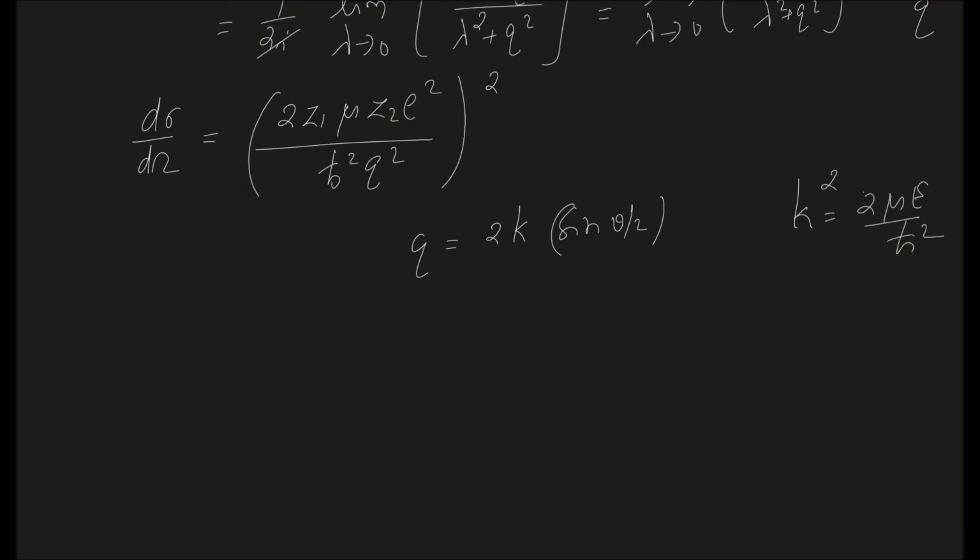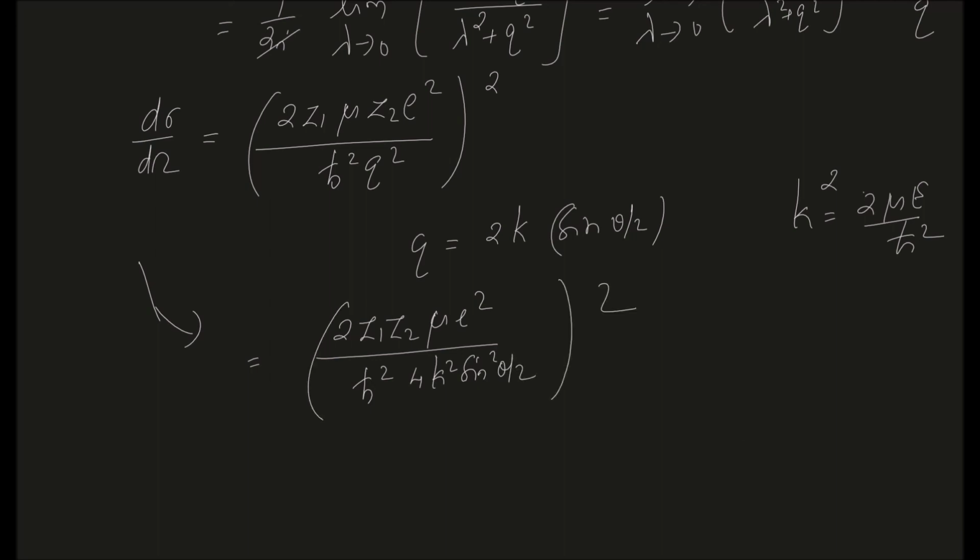So we can write this differential scattering cross section as d sigma by d omega equal to (2 Z1 Z2 mu e square by h cross square into 4k square sin square(theta by 2)) whole square.